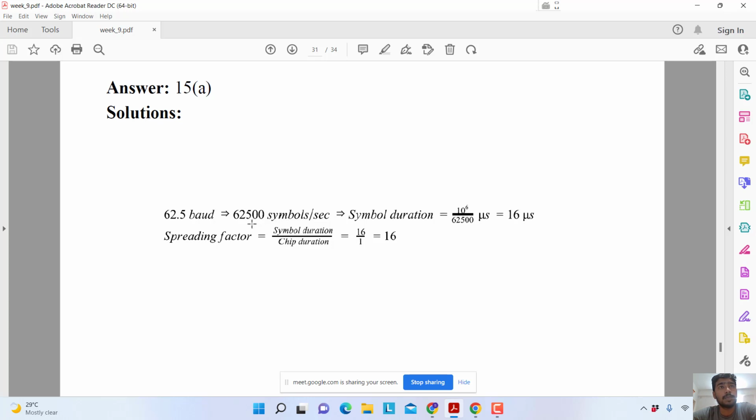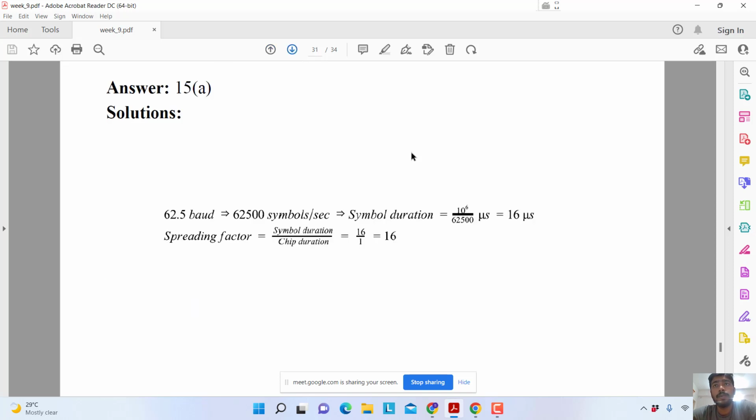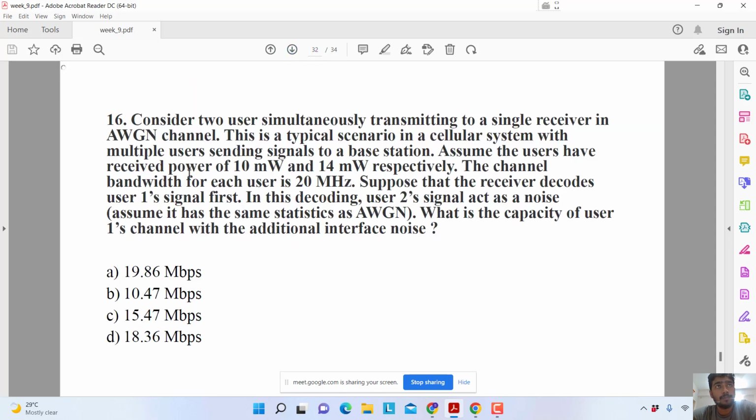From there you can calculate the symbol duration, which will come to 16 microseconds. The chip duration, according to the question, is 1 microsecond. Symbol duration is 16 microseconds and chip duration is 1 microsecond. From there you will get your spreading factor. It will become 16. So A part is the right answer. So it can spread your bandwidth 16 times.